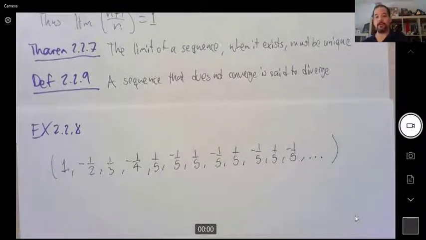So now let me ask you the type of things we haven't done yet. We showed a couple of examples to see how to check if it was convergent, right?